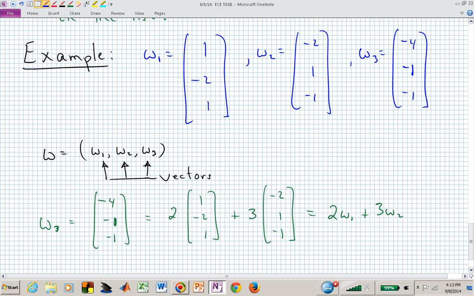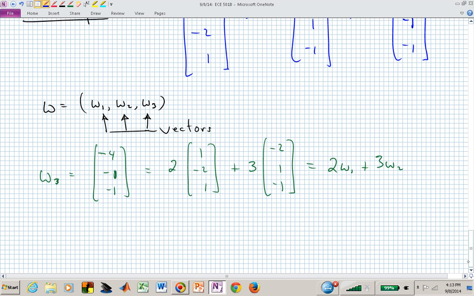Is the algebra now correct? Maybe that's why it wasn't so intuitive the first time for you to see that combination. Now we can say that W3 as a vector is actually contained in the span of W1 and W2.